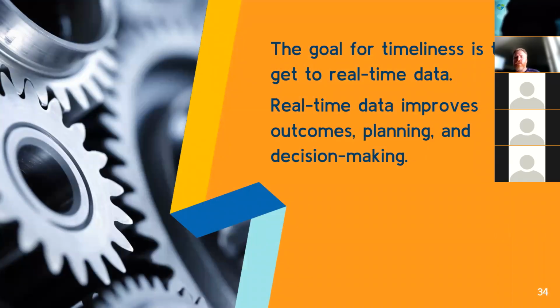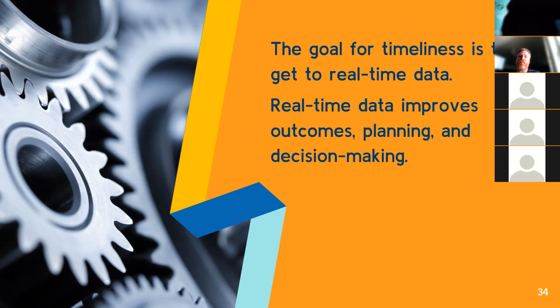The primary goal for timeliness is just real-time data. We want to get as close to real time as possible, just because if you have a 7-day delay in getting that data in, and your agency admin or you are the agency admin and staff have a delay in getting data in, you're trying to run your reports and submit data to your funders. If there's a delay, it can impact how much data you're able to actually get from HMIS.